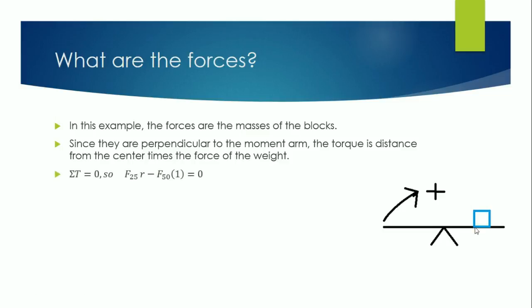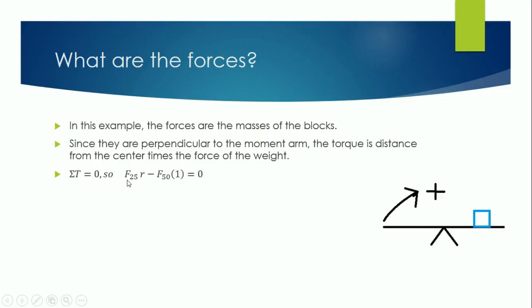I'm going to set the sum of the torques equal to 0 because it's statics. Statics has no motion, so the torque is 0. I'm going to call the 25 kilogram box positive because it wants to make the seesaw rotate to the right, and I like to call right positive.